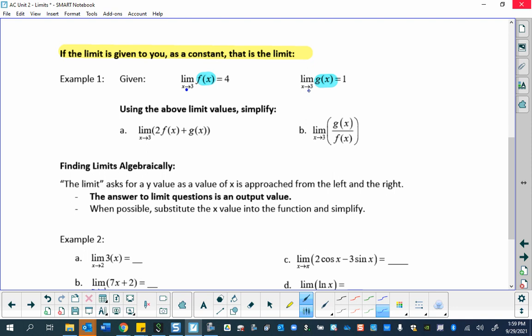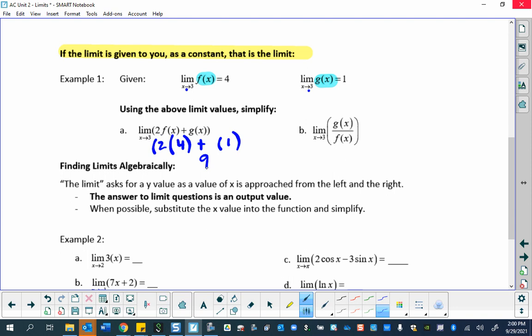And you can just go ahead and substitute and simplify. So twice the limit of f of x plus the limit of g of x will satisfy what they are asking you to do here. 2 times 4 is 8. 8 plus 1 is 9.